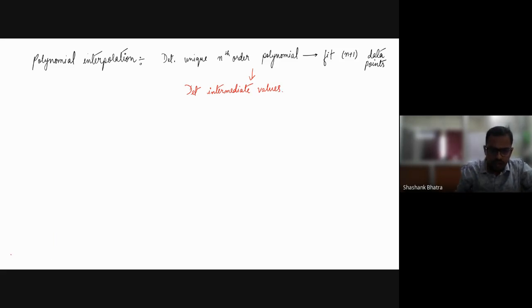I believe that you all know how a polynomial can be represented. There are various means, and we will be utilizing two or three of them. But what do you mean by an nth order polynomial?